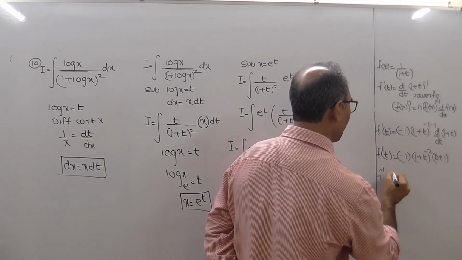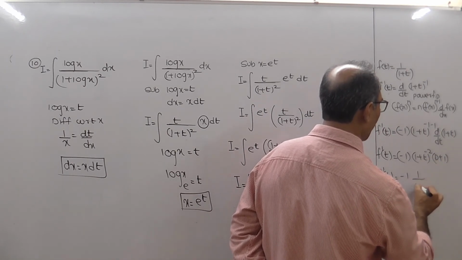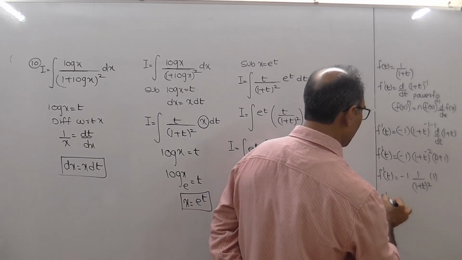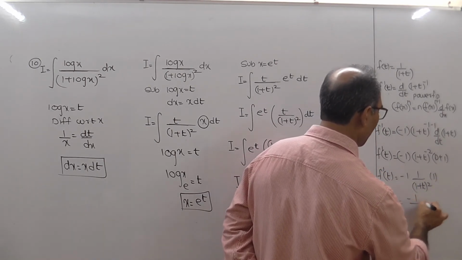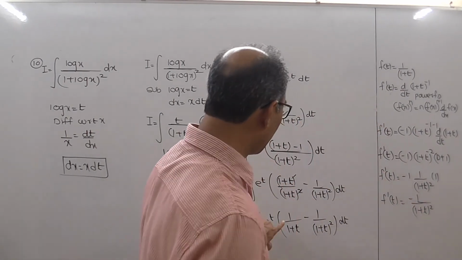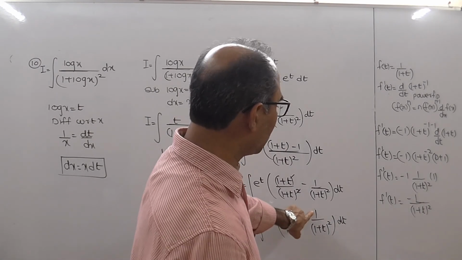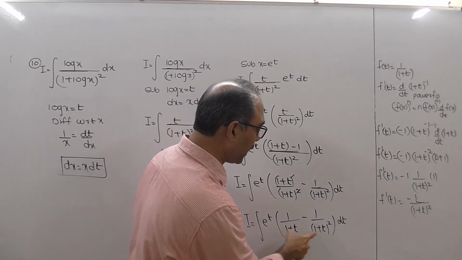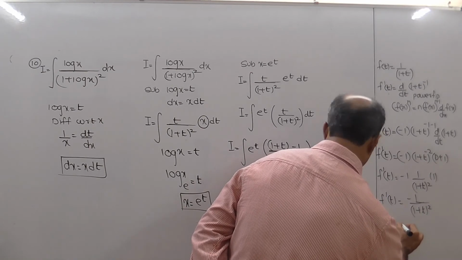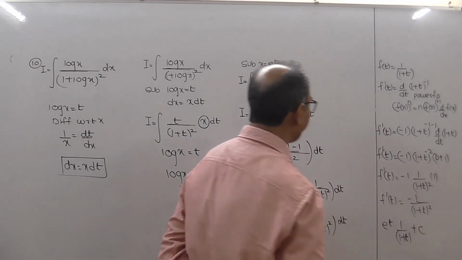So f dash of t is minus 1 upon 1 plus t the whole square into 1. Now if you check, this is f of t and this is f dash of t. The answer will be e raised to t f of t plus c, meaning 1 plus t plus c.